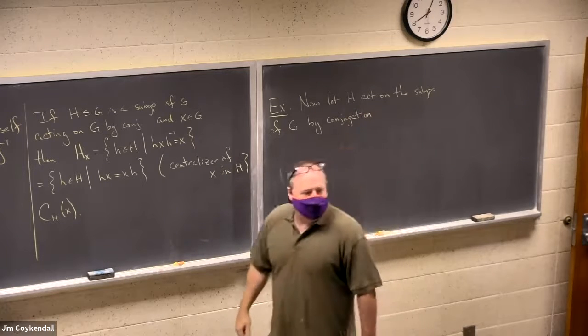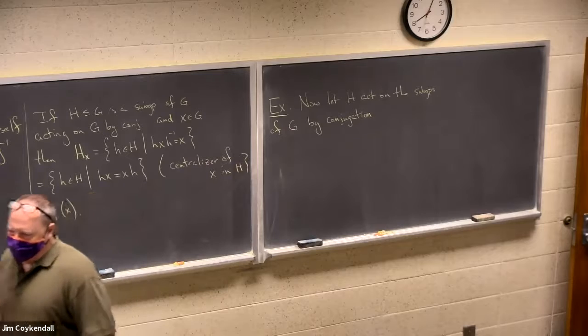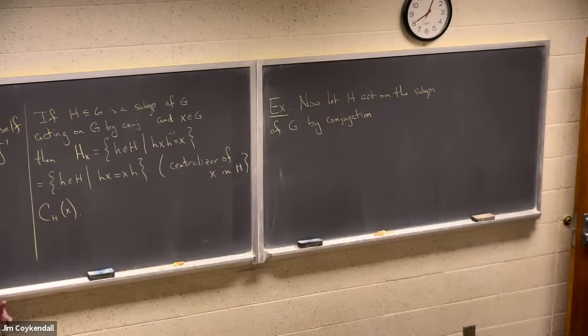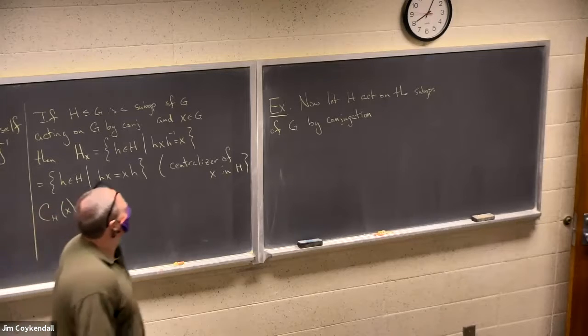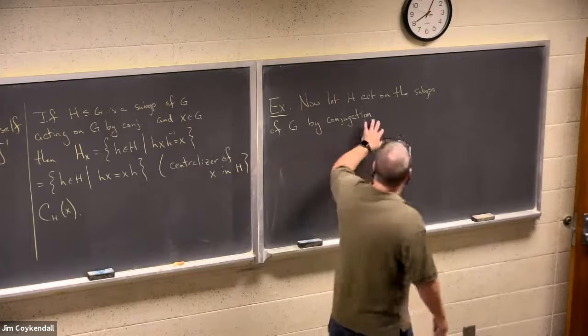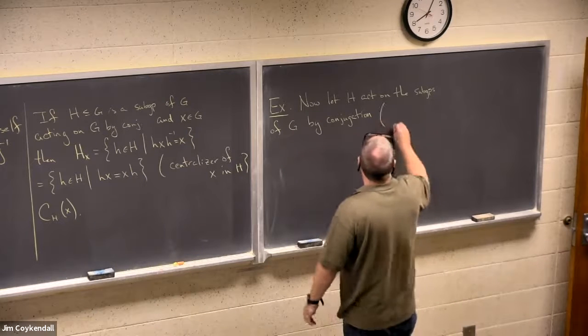Okay, so what I want you to do now is I want you, my set S is the collection of all subgroups of G, and H is a subgroup of G that acts on this set by conjugation. Let me kind of clarify what this means.